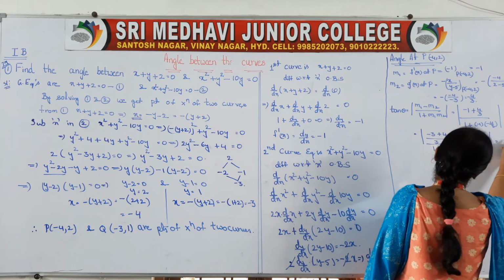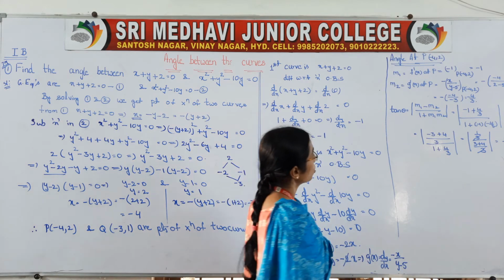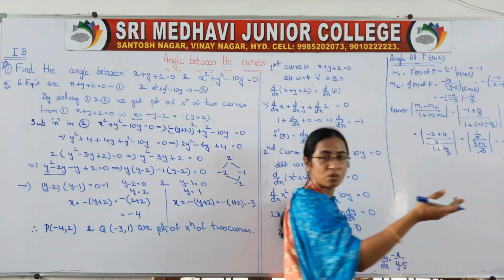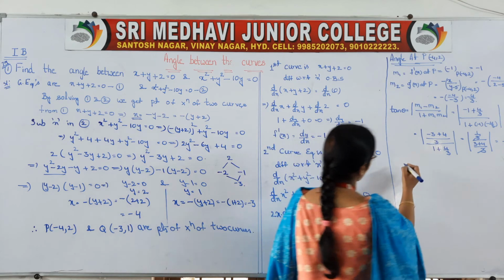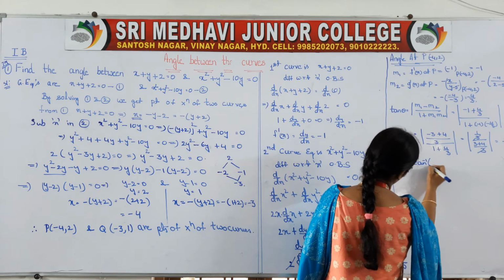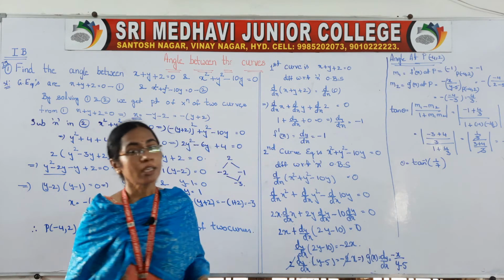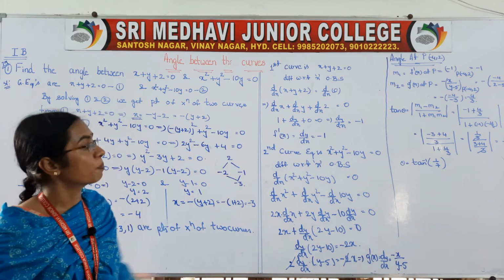The 3s cancel. It is 1 by 7. Modulus of 1 by 7 is positive only, 1 by 7. So your theta is equal to tan inverse of 1 by 7 is the answer. So you got the angle at P.